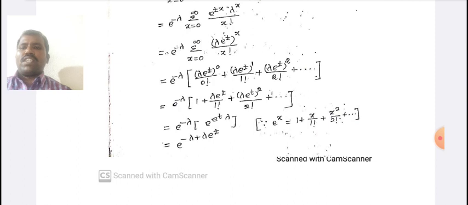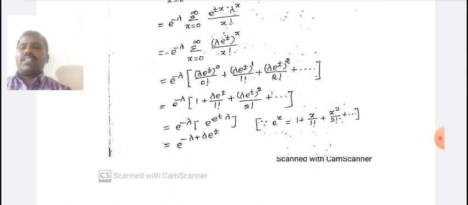Expanding, e power minus lambda into (lambda e power t) whole power 0 divided by 0 factorial plus (lambda e power t) whole power 1 divided by 1 factorial plus (lambda e power t) whole square divided by 2 factorial plus, and so on.